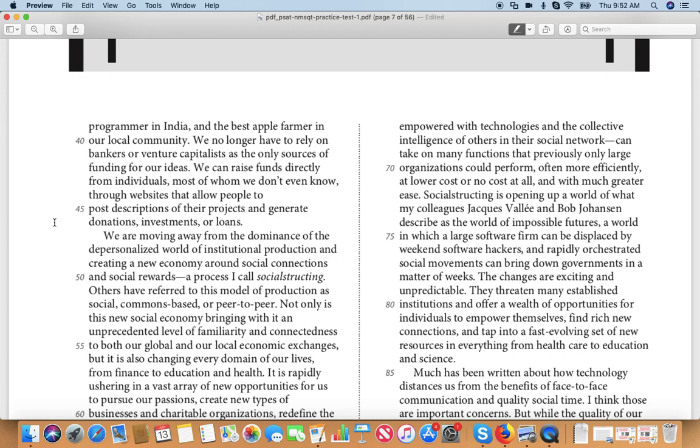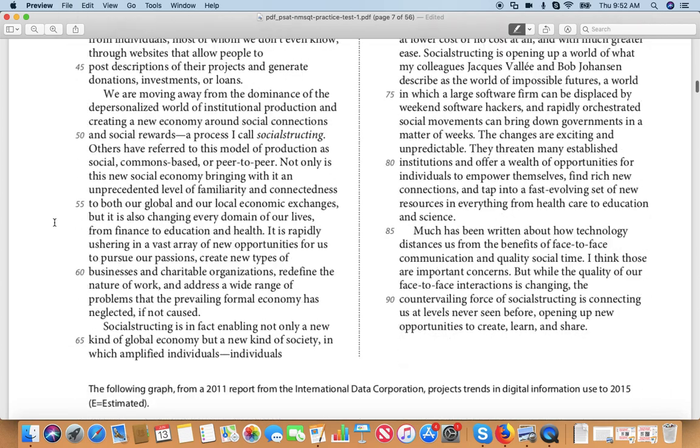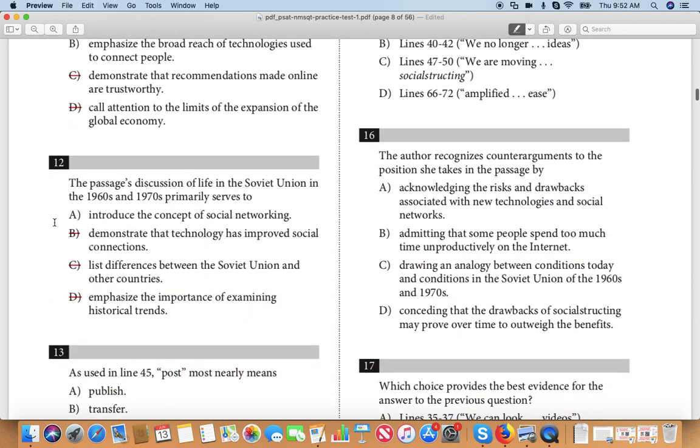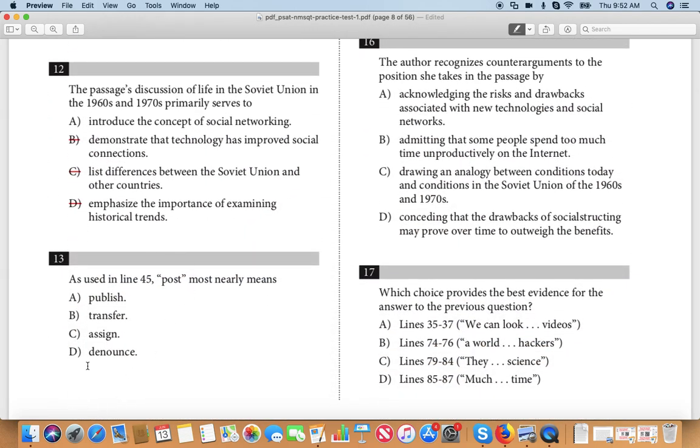Are the websites allowing people to transfer descriptions of their projects, or to publish descriptions of their projects? Publish sounds better, doesn't it? Yes, much better. So even if you don't want to compare all four of the answer choices at the same time, just compare two and ask which one makes more sense. I would pretty comfortably eliminate B, just because A makes a lot more sense. I don't think post means transfer there.